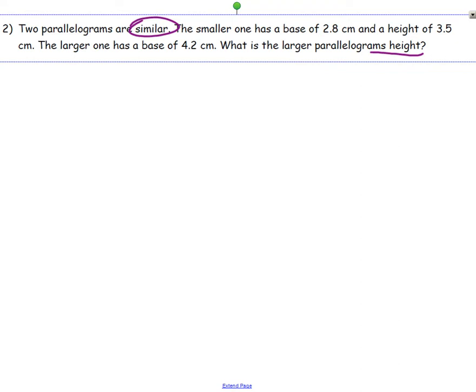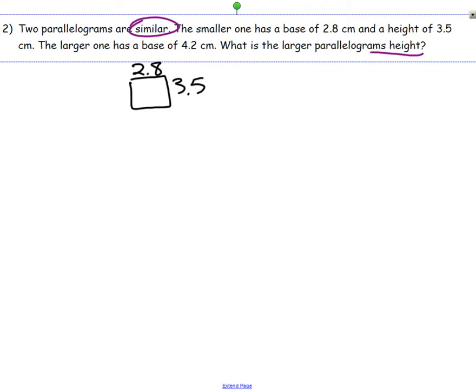So we can draw our two parallelograms, and we can be lazy about it. Here's my parallelogram. Is that a parallelogram? Yes. What kind of parallelogram is that? That's a rectangle.